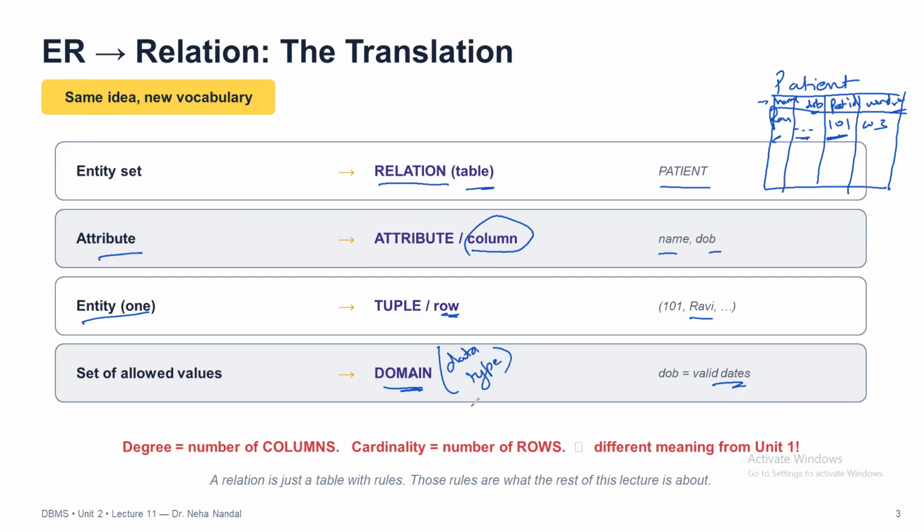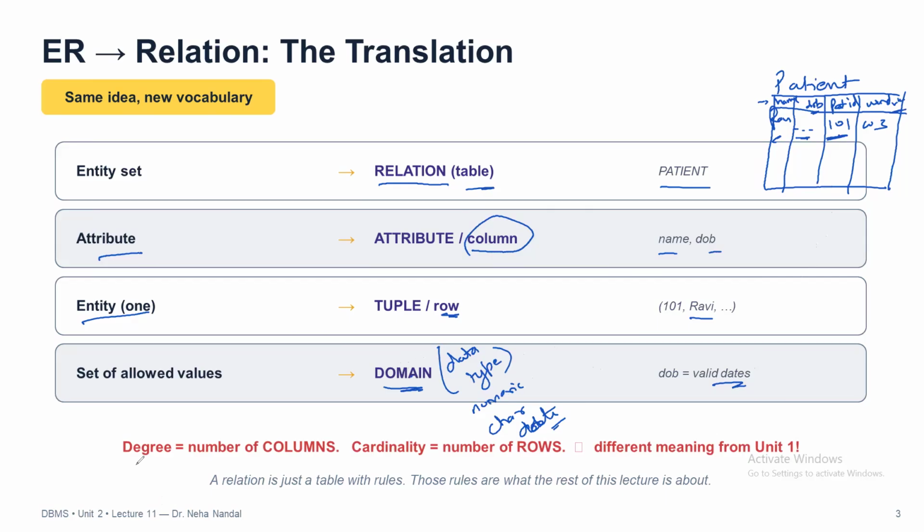Either it is numeric or it is character. Or it is date of birth, date, I would say. So that is the thing. So these things now we have to transition from our ER diagram. I hope you got the understanding on this one.